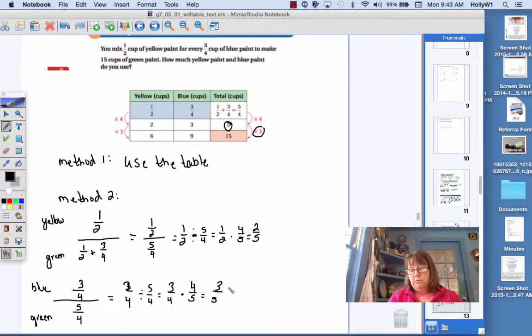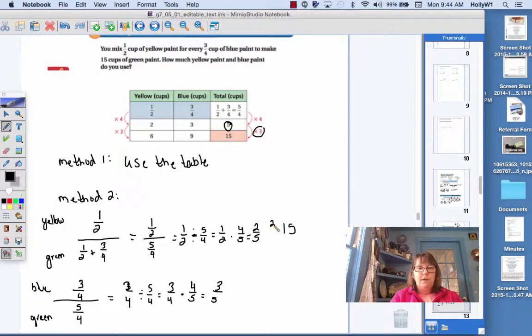Now here's where, so what good is that? Well, think about what this really means. If we want to know how much yellow to green paint there are, it's a ratio of 2/5. So if I know that I want to get to 15 gallons, I can say of that 15 gallons, the ratio from yellow to green is 2/5.